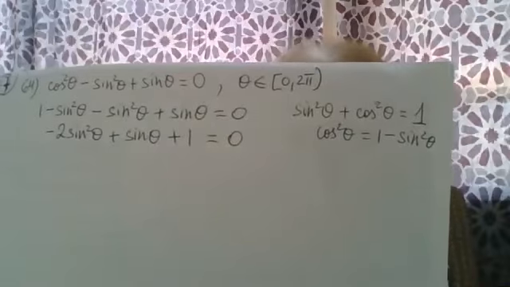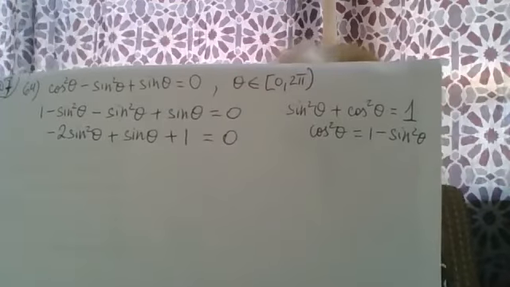But is it a quadratic equation with respect to sine theta? The answer is yes. How can we solve it? We can say, let sine theta be x, and substitute.